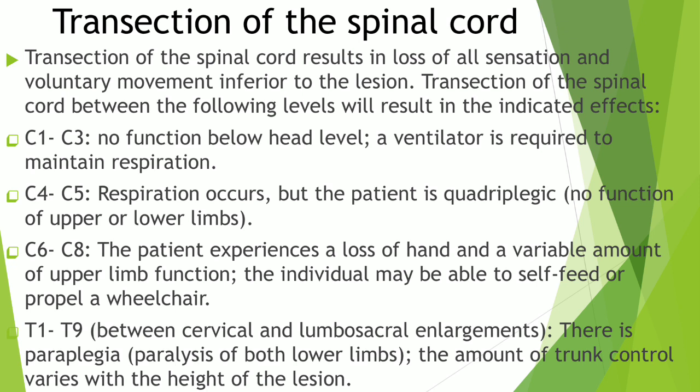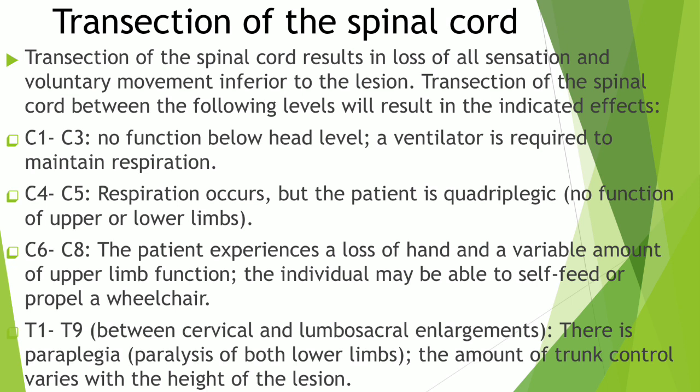That's any level between the first thoracic vertebra and the ninth thoracic vertebra. That's where this one affects the cervical and lumbosacral enlargement. So such an individual has paraplegia. There is paralysis of both lower limbs. Then the amount of trunk control varies with the height of the lesion.